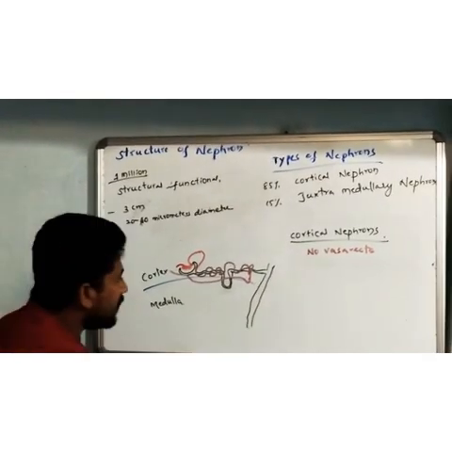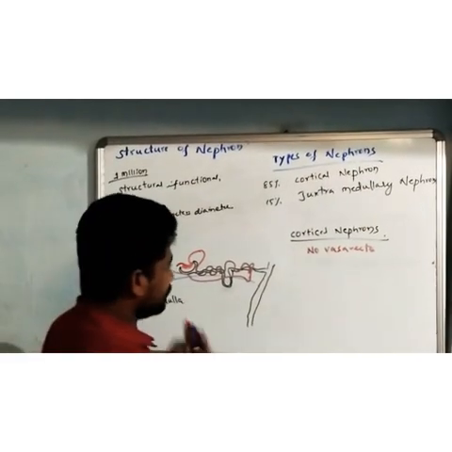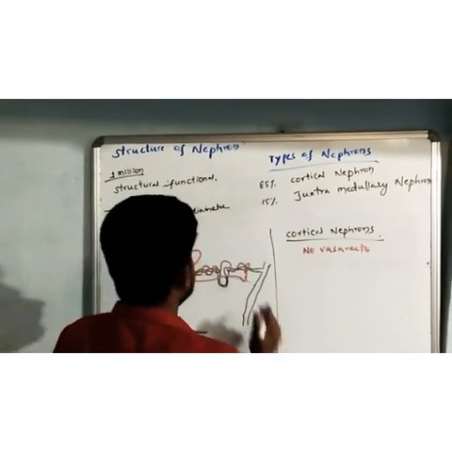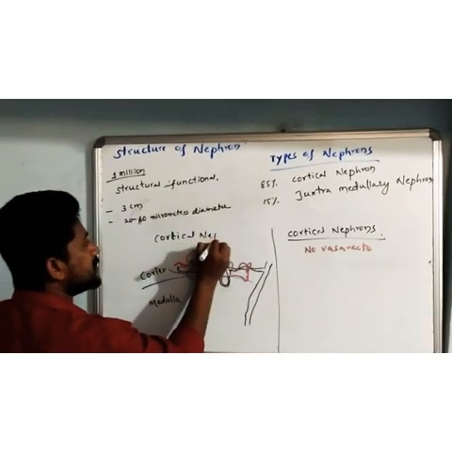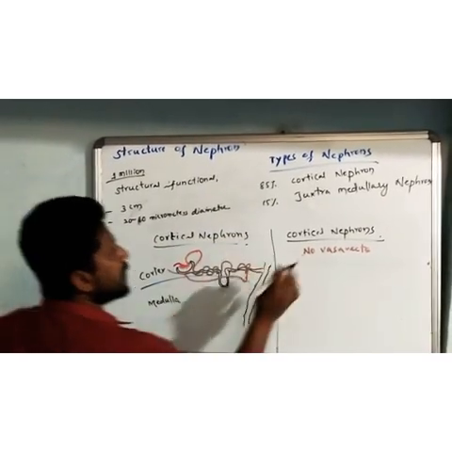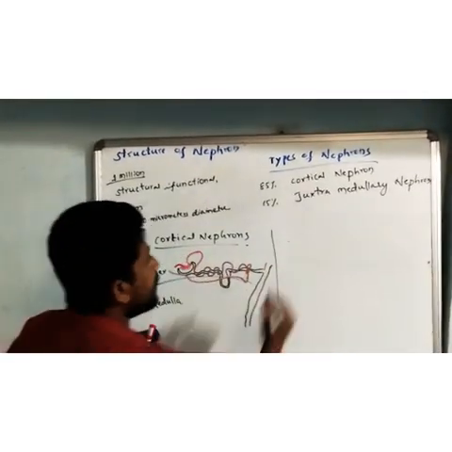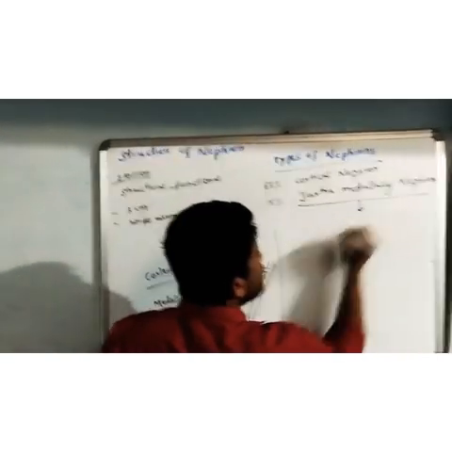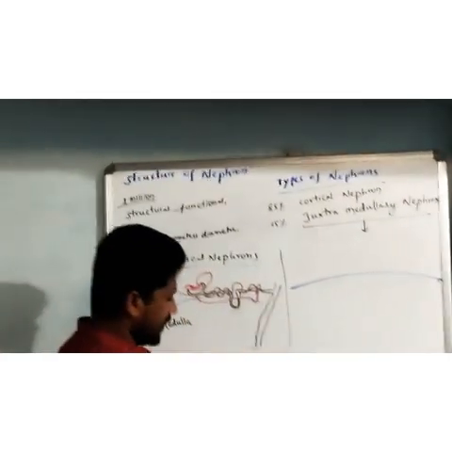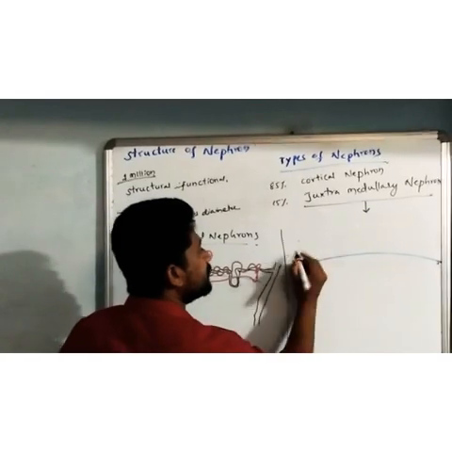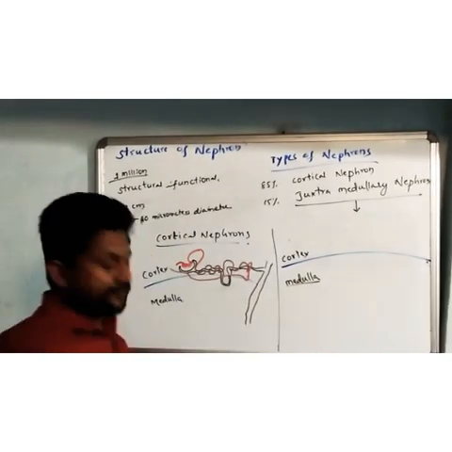Okay, and if we observe the juxtamedullary nephrons, see here, these are all the cortical nephrons. Here, the upper portion is the cortex and this is the medulla.